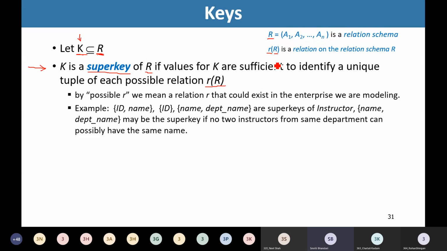Right? Let us see one example of what we mean by that. Suppose we have instructor as our relation. Instructor is our relation. Now, if I have instructor as the relation, what are the attributes of my instructor relation? If you remember, we have gone through the entire relational model for our university database.